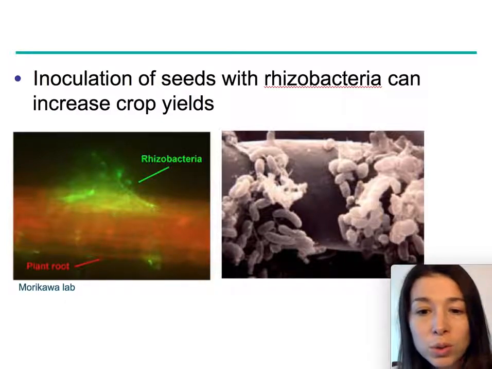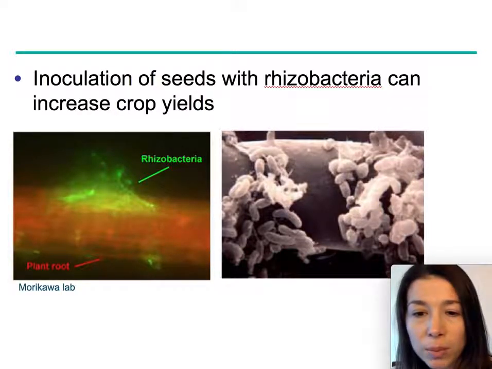And they're showing you in two different kinds of pictures here, the rhizobacteria living right on the plant root. So on the left we have a fluorescence picture, so it's a microscope picture, and we're looking really, really close up. And in green they are showing you a picture of the rhizobacteria, and red is the plant root. It's not the clearest of pictures, but on the right we do see this is a scanning electron microscope picture.